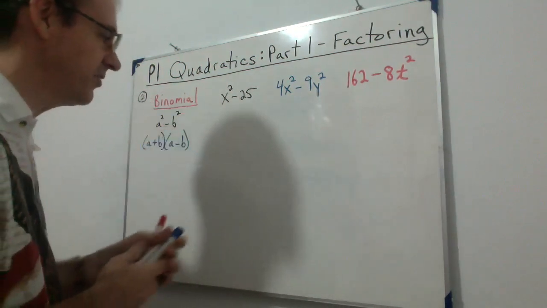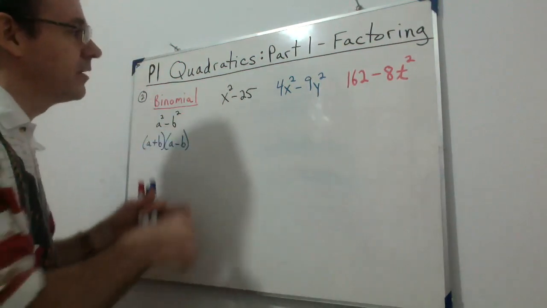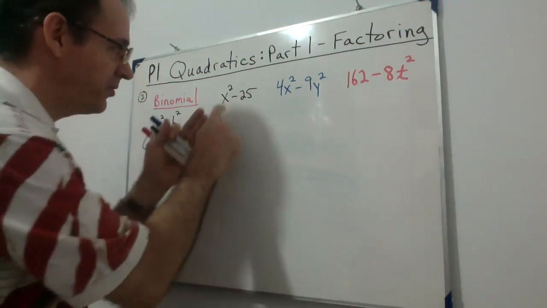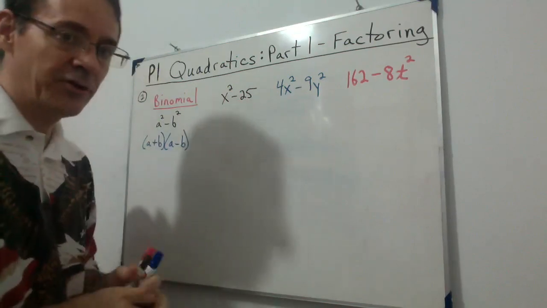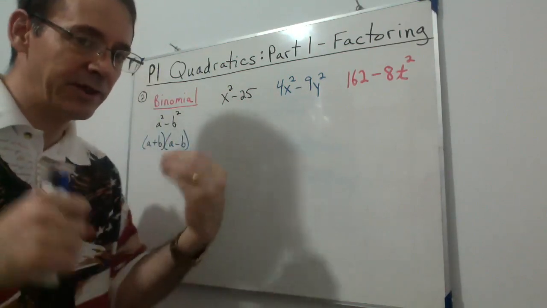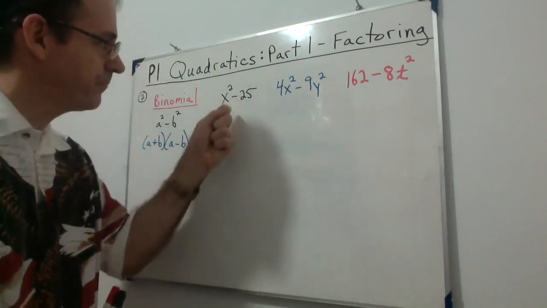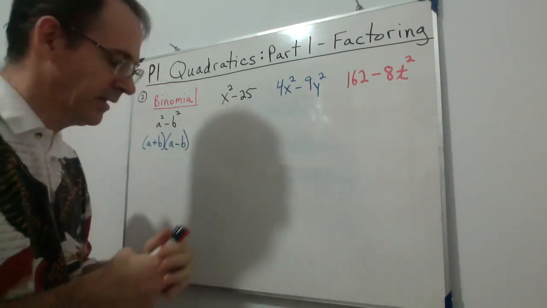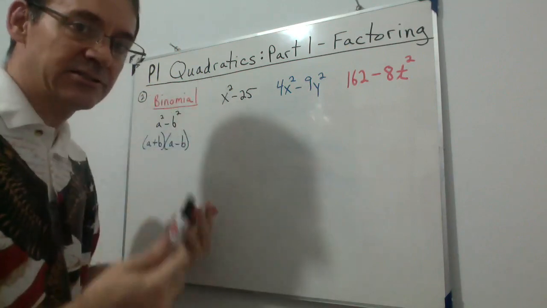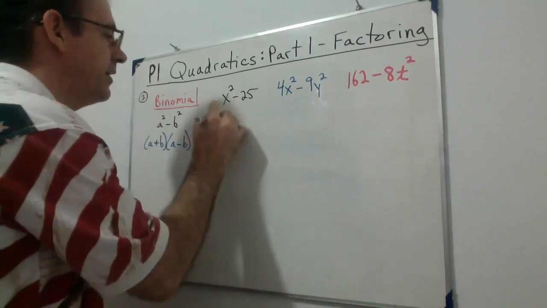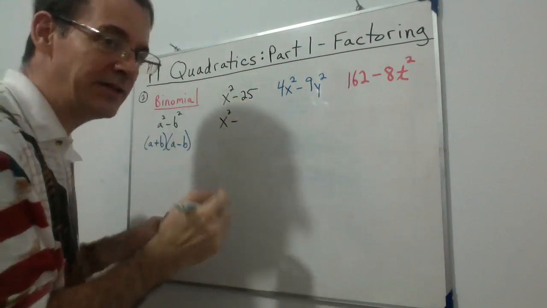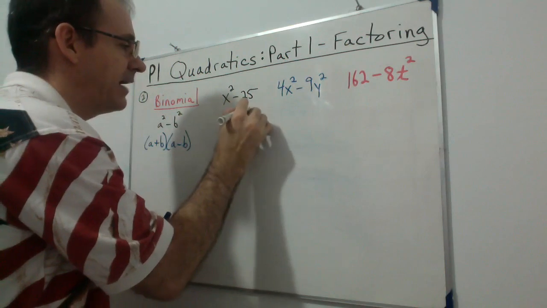So when we look at this one, we see nothing is common to both terms, and we have 2 terms. So this is a binomial, and the only type of binomial that you have to worry about is the difference of squares. So you should ask yourself, can I write these as squares? So this one is x squared, and yes, you can write 25 as 5 squared.